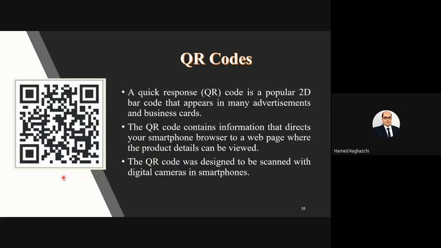A second type of two-dimensional barcodes are quick response codes, QR code. This is an example of a QR code. These types of barcodes are so popular, and you can see them in many advertisements, business cards, and so on.